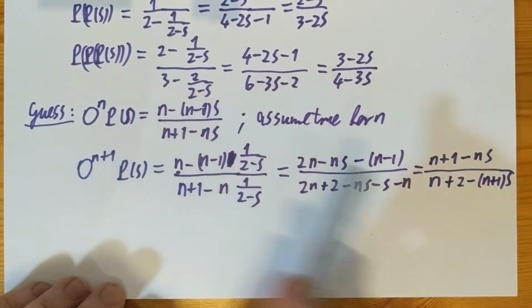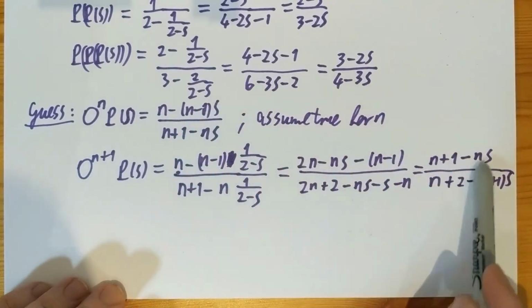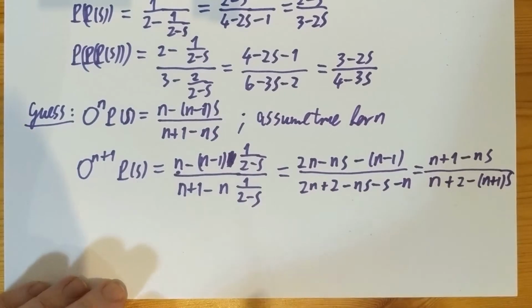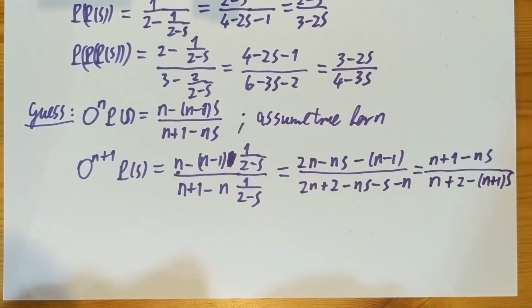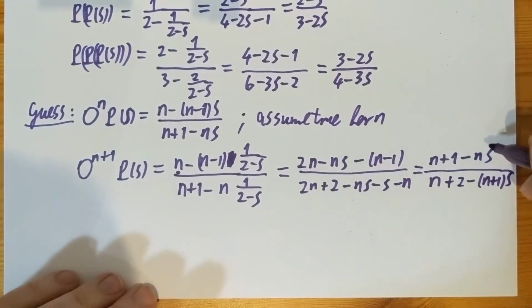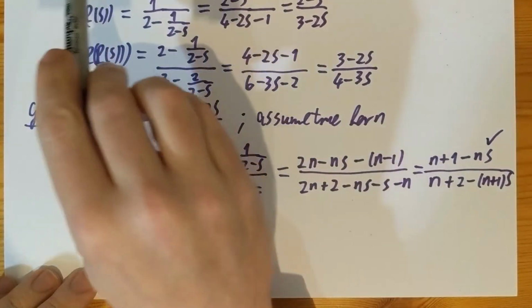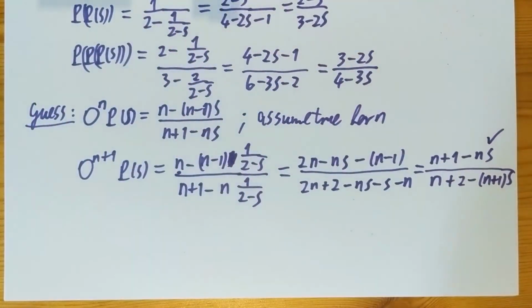So instead of n I have n plus 1, instead of n minus 1 I have n, instead of n plus 1 I have n plus 2, instead of n I have n plus 1. So this is the same formula, except n is increased by 1. So the induction step is complete, and of course you can start the induction by any of these previous lines up there. So this is true.